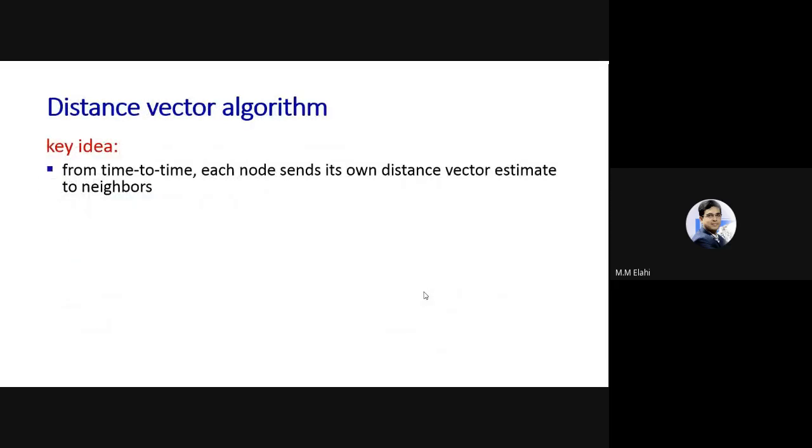Okay, the idea is that from time to time, from iteration to iteration, each node sends its own distance vector estimate to its neighbors. That means whenever after calculation there is any change, any update, then that node will send the update to whom? To all neighbors, not to one node, to all the neighbors.